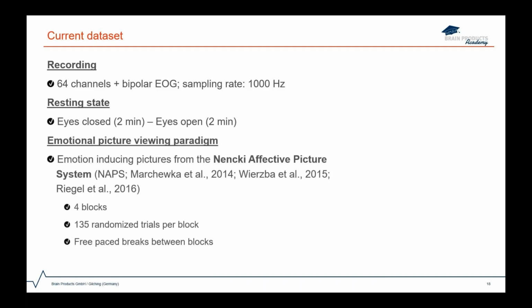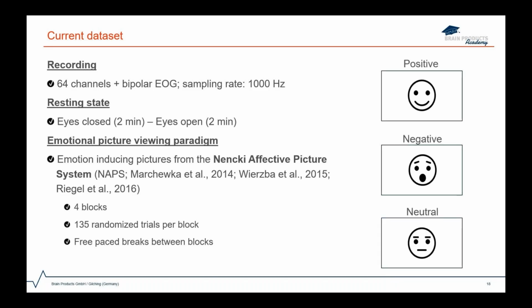And then comes the emotional picture viewing paradigm, in which we presented to the participants the emotion-inducing pictures from the Nemke affective picture system. This consists of pictures that elicit positive, negative, or neutral emotions. But today, for the examples, we will be only focusing on the positive pictures.